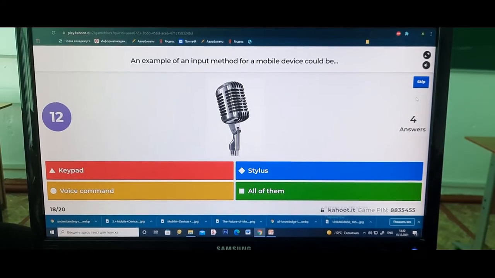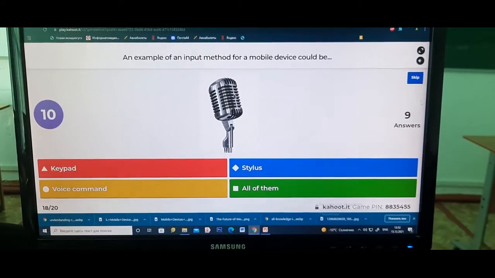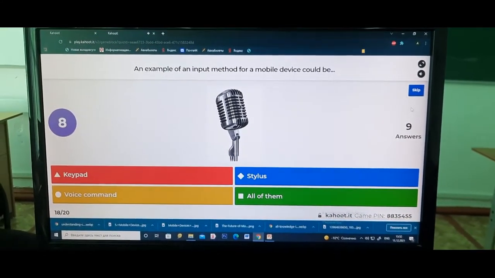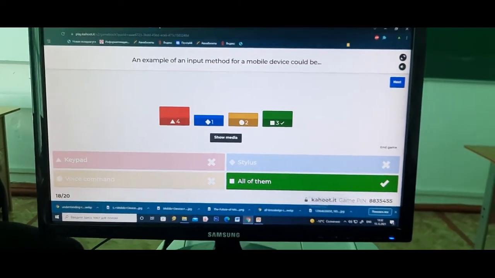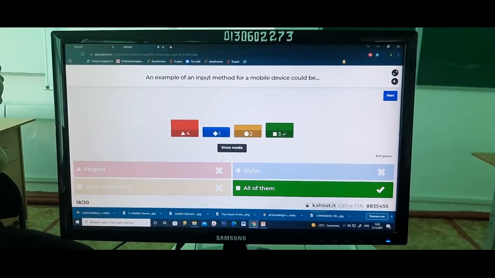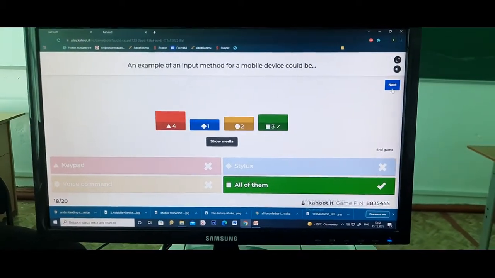For mobile devices with me. Students, all exam paper voice program. All of them. 3 students right.